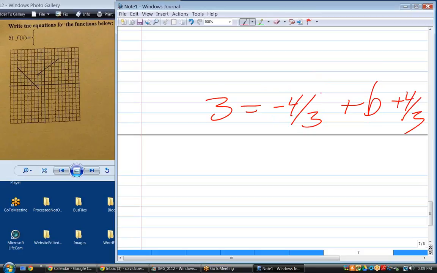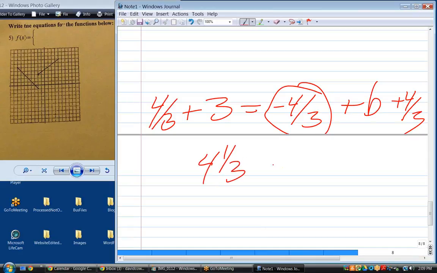Because right now, I said it's being added, but really it's being subtracted because of the negative sign. So 4/3 is being subtracted from b. To get rid of it, I have to add 4/3 to both sides of the equation. Well, the left side becomes 4 1/3, and that's equal to b.